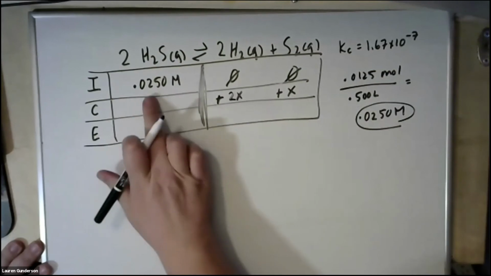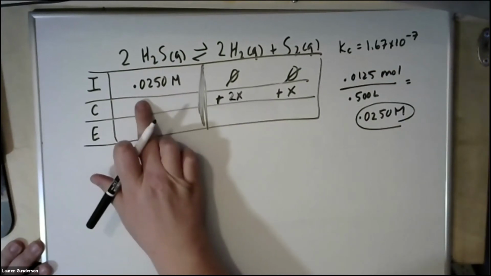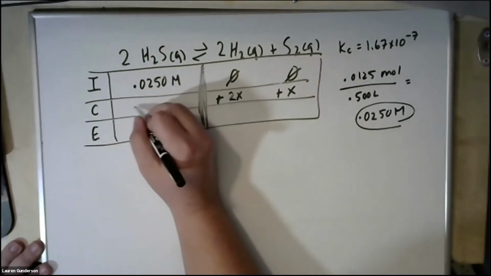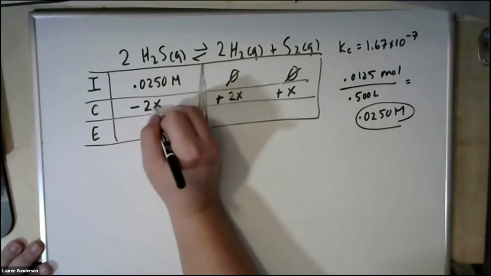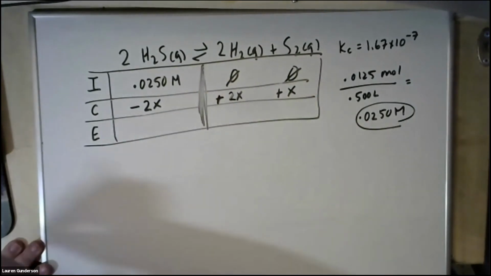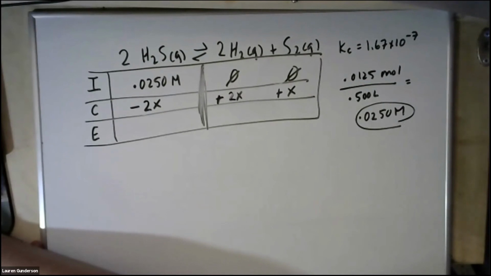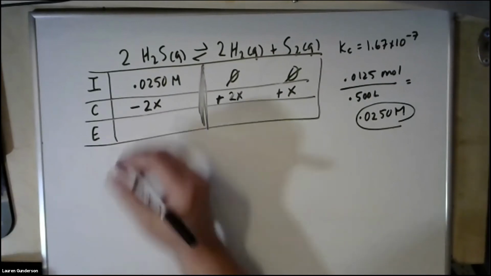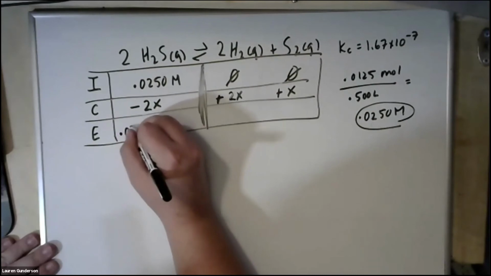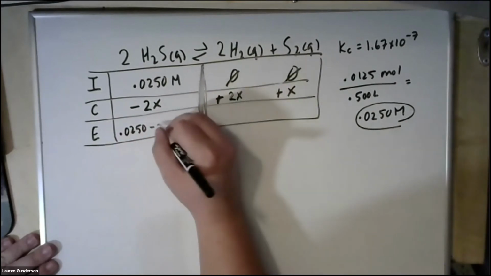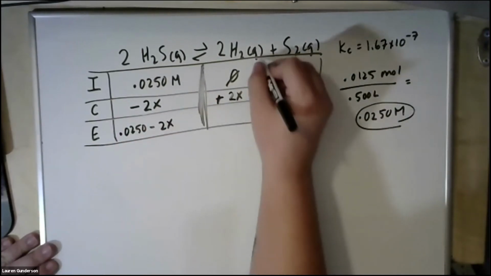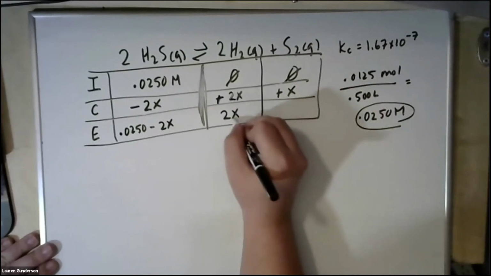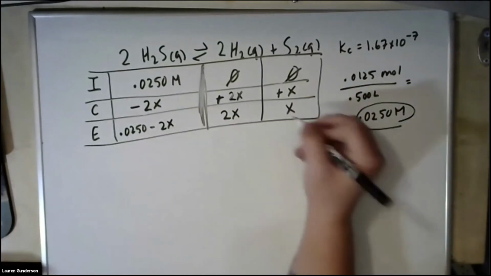I know I'm going to be using up my H2S, so this is going to be minus 2x. So now I'm going to write my equilibrium row: 0.0250 minus 2x, 2x, and x.